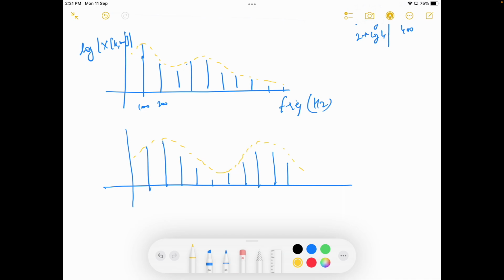What has changed is the envelope over the peaks. Peaks are at the same location, but their relative heights have changed, which means the envelope around the peaks has changed. There it was like this, here it is like this. Now go back to your old assignment, second assignment I think, and check that this is what you obtain. Let me do that exercise today in the class also, and you can check.